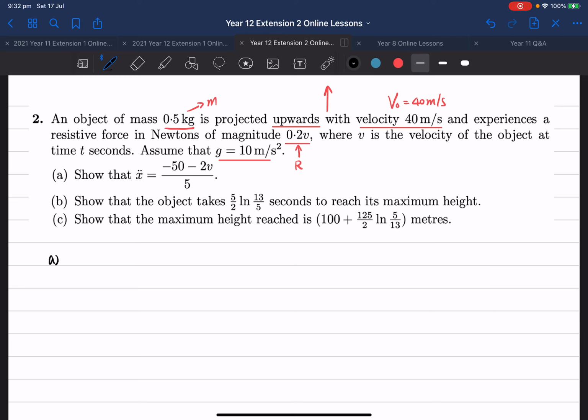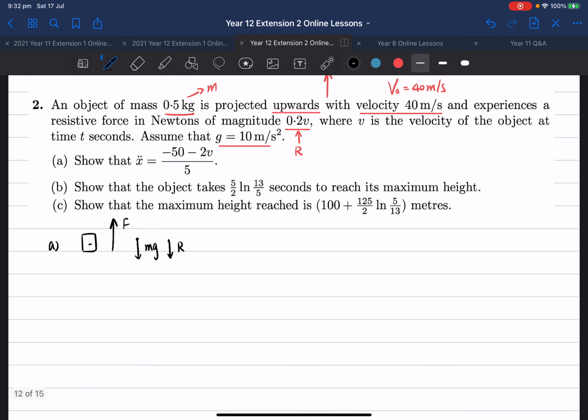So question A, let's draw a diagram. It's going upwards. There's a force going upwards, but there's a resistance and a gravitational force that go downwards. This is very similar to the summary we just did. Now you just need to write down everything you have. m is equal to 0.5. Initial velocity is 40 meters per second.